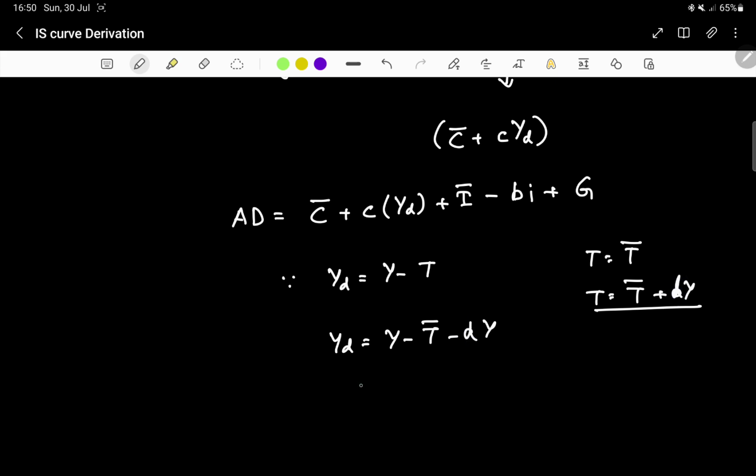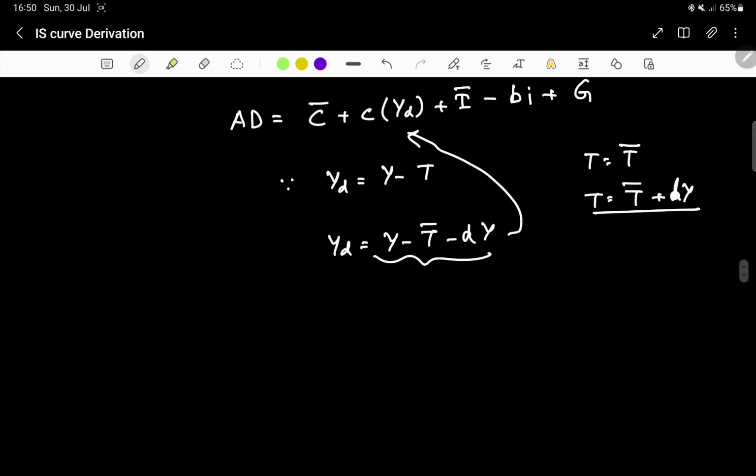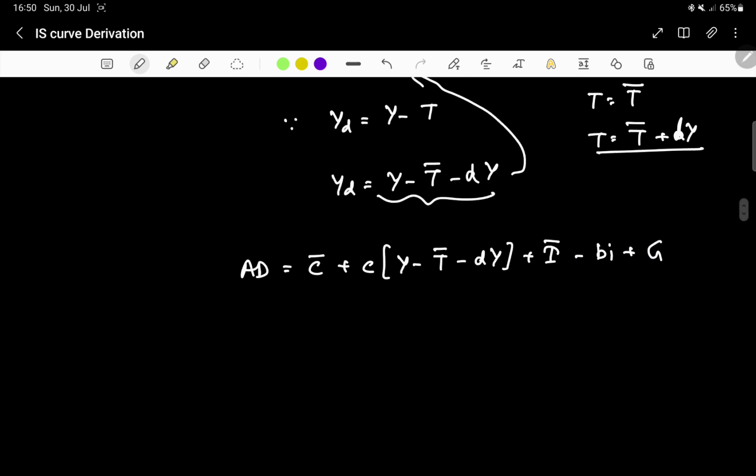Let me make a change here. So we get aggregate demand as C bar plus small c times Y minus capital T minus dY, plus I bar minus bi plus g.